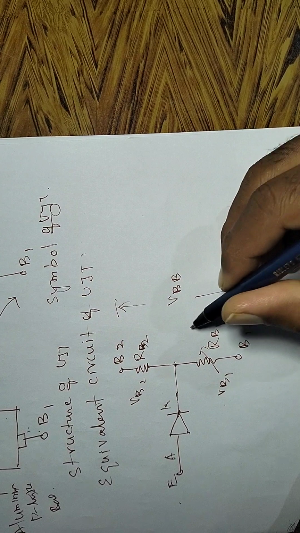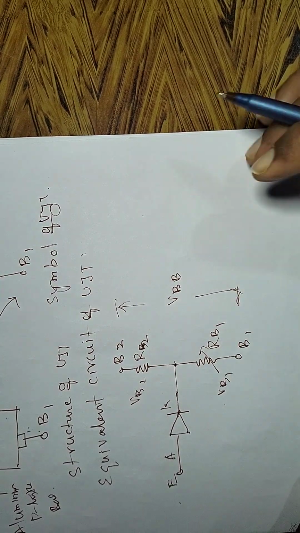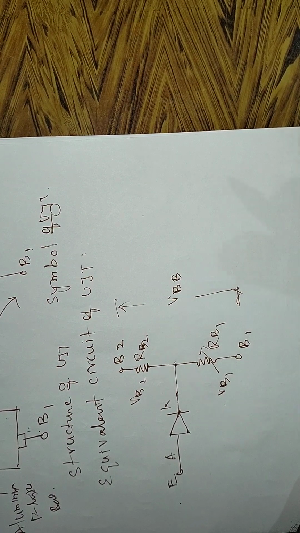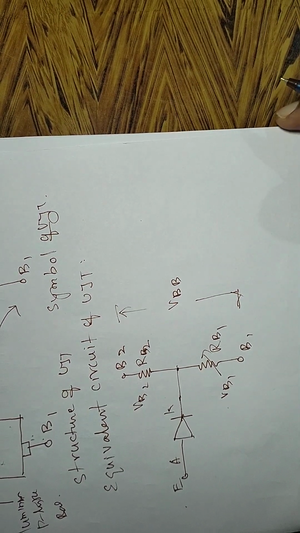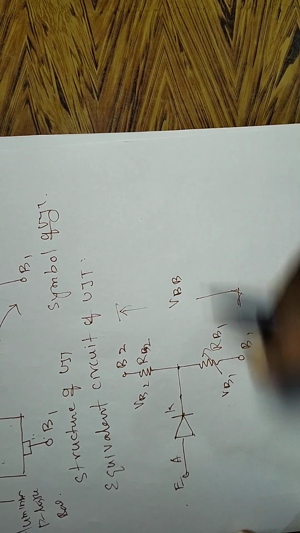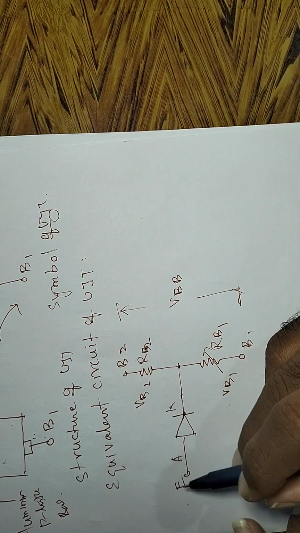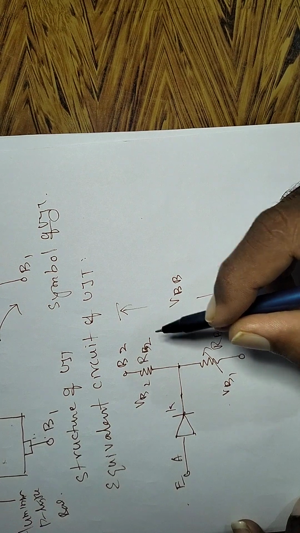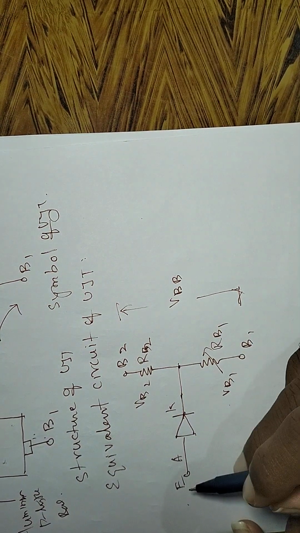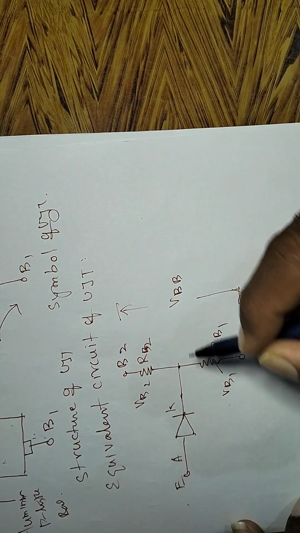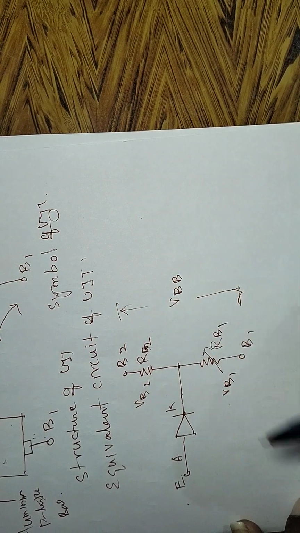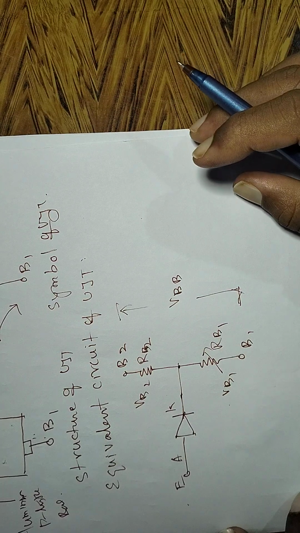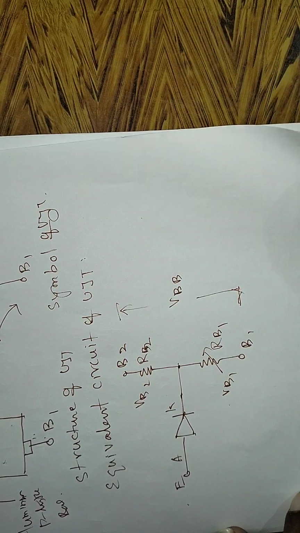Now if you apply voltage at the emitter, what will happen? There are three cases: with the emitter voltage open, with a positive emitter voltage, and with a negative emitter voltage. Those are the three cases we are going to look at.